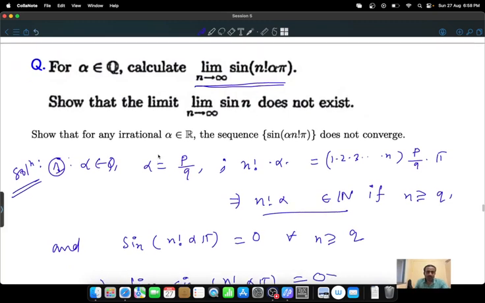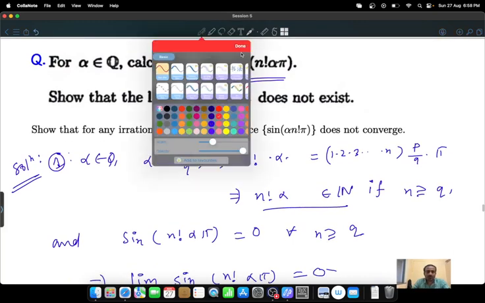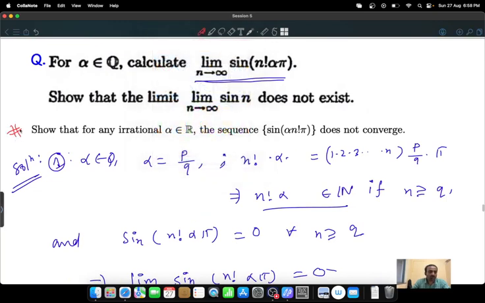And the last part, that is over here, is exactly the same, but since I should conclude all the related information, that's why I have put it. Here you know that if you take the rational one, then this converges to 0, as you have just seen.